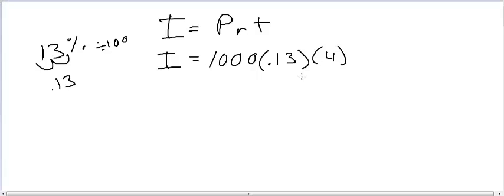Once we have this, it's a matter of putting the numbers into the equation and multiplying them out. And in this case, we get $520. So again, we do 1,000 times 0.13 times 4 to get $520, our total interest.